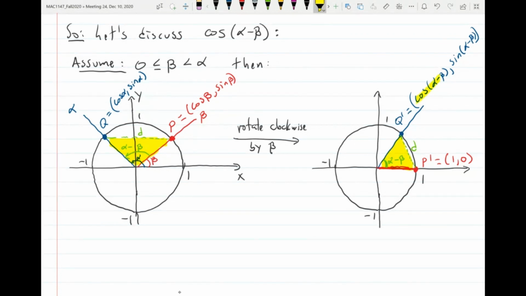Notice that here is cosine of alpha minus beta, and that's what we are interested in. Of course, there is other stuff happening, but hopefully those things will fade away. So let's see what happens with those. Questions? Do you understand how we build this picture? Because the key to everything here is this picture. Everybody okay with this?